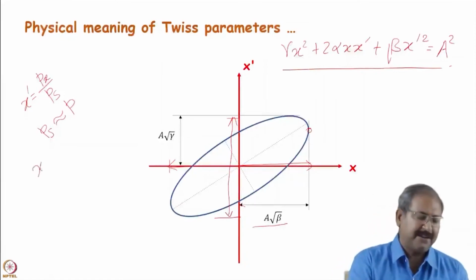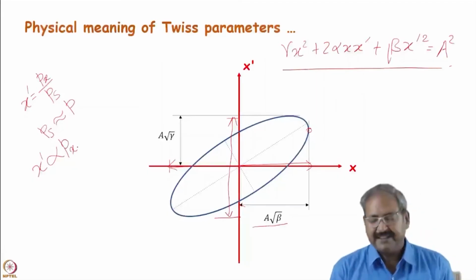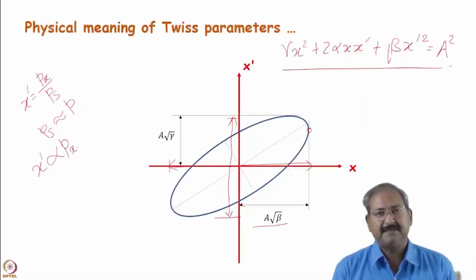So x prime is directly proportional to px. So if we are plotting x prime, a similar kind of plot will be in x, px also in our case.